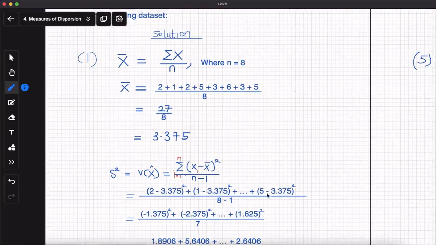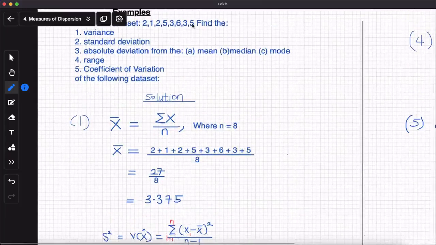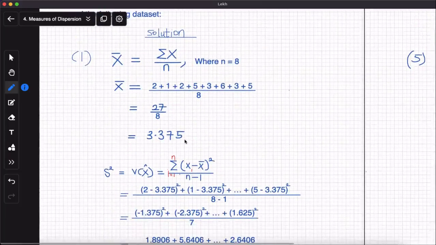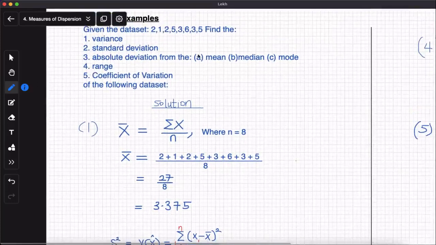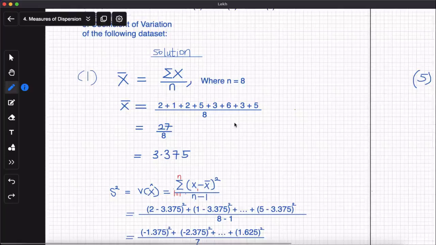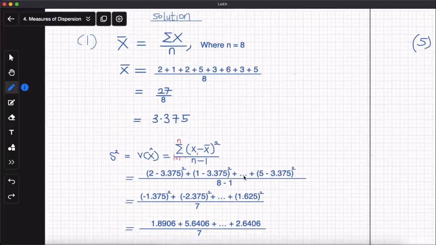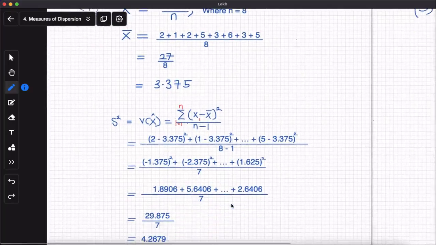The last observation is 5, and you subtract 3.375 from that, and you square. I used the ellipsis to show that it continues, but I did not write them all.